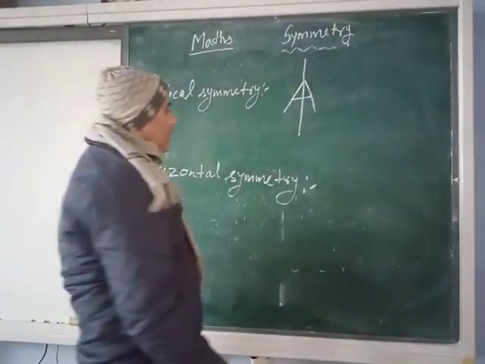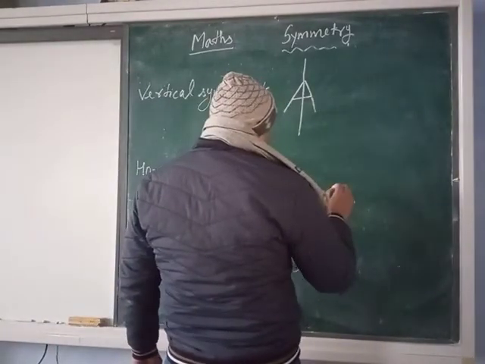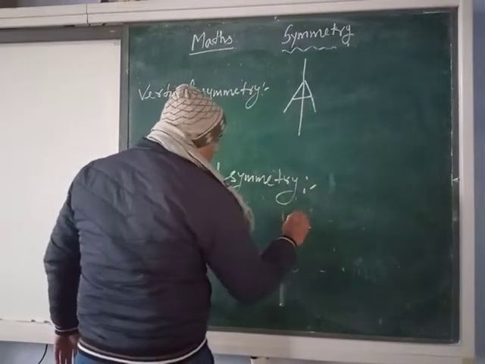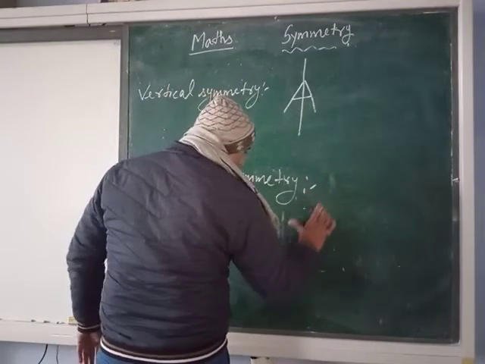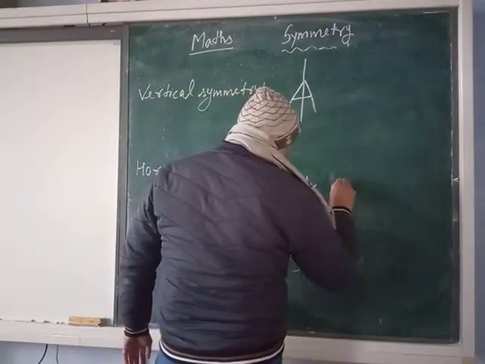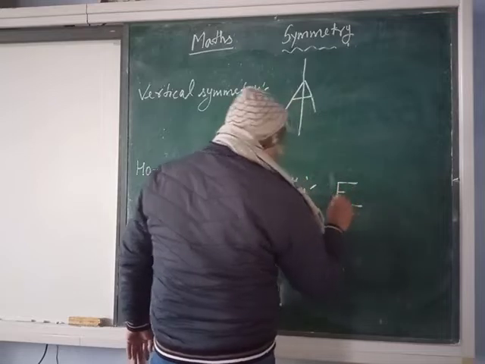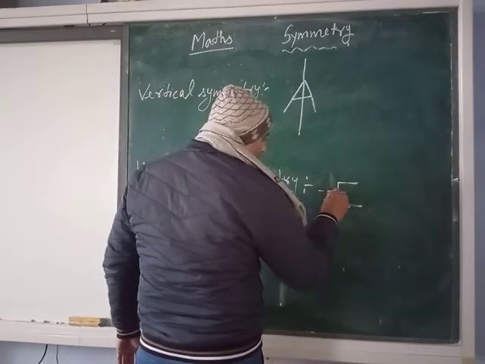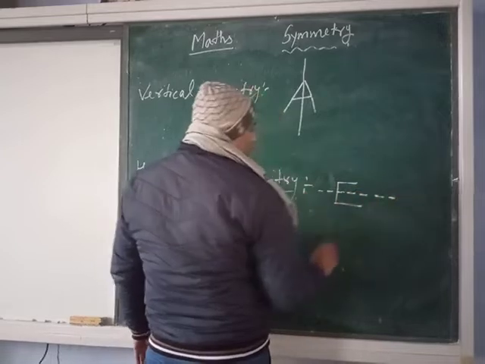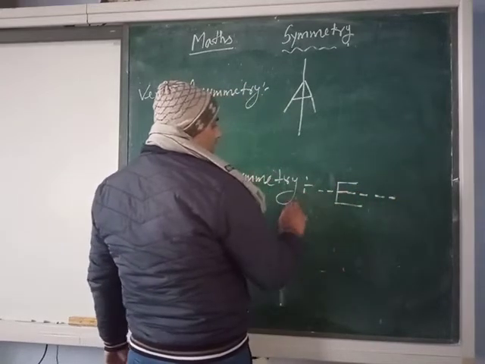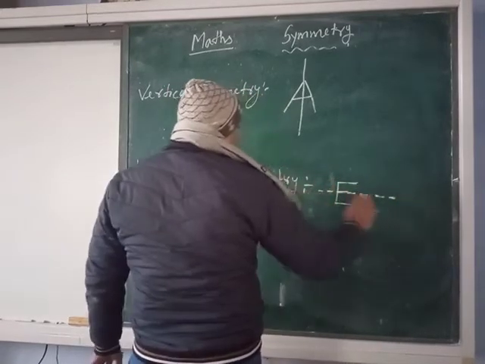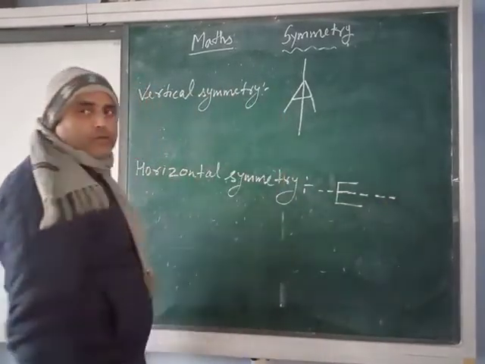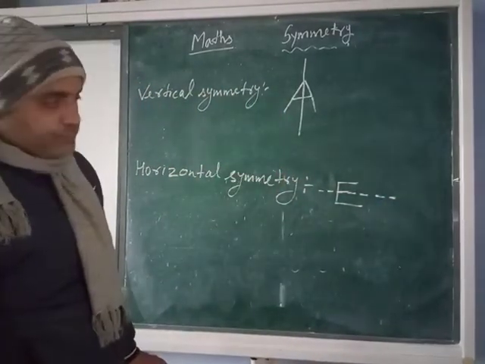And if we draw the letter E like this, this is the letter E. So E has horizontal symmetry. When we draw a line like this, it is known as horizontal symmetry, and perpendicular to it would be vertical symmetry.